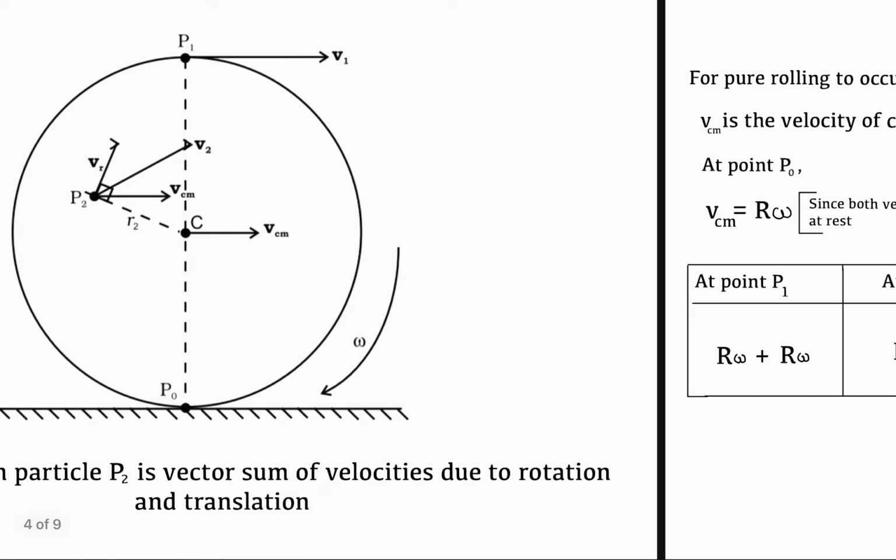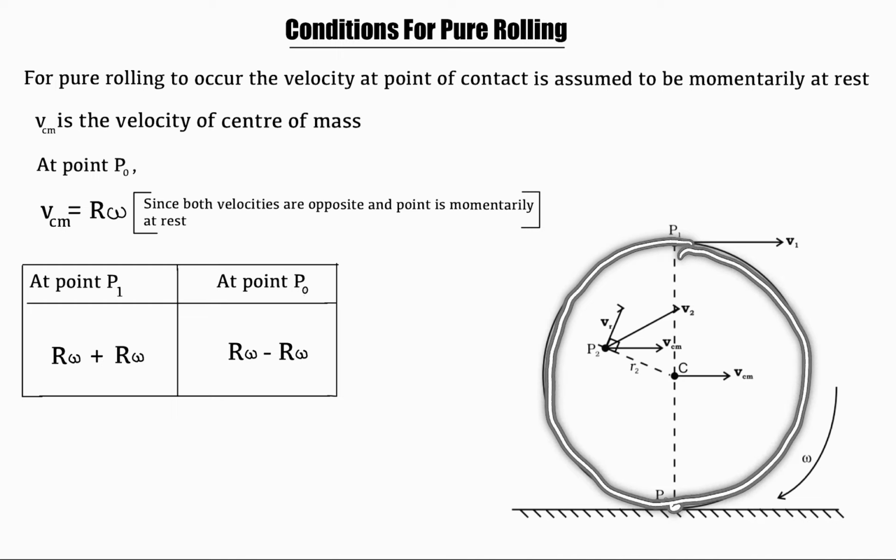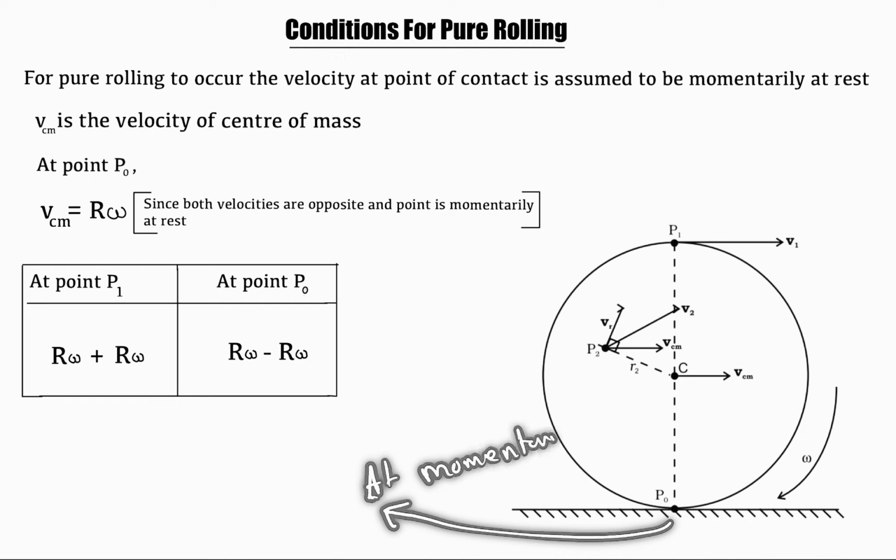So we can consider two points, P1 and P0, at the two extremes. Suppose this is a disk and there are two points P1 and P0 at these two extremes. We said earlier that at this point it will be momentarily at rest, which means the net relative velocity will be equal to 0.